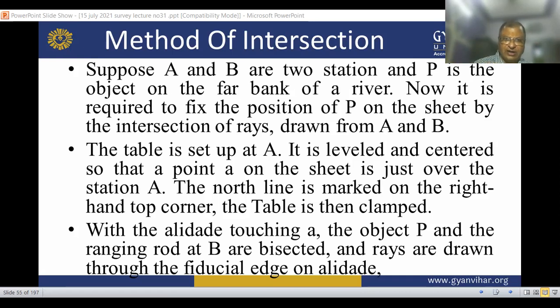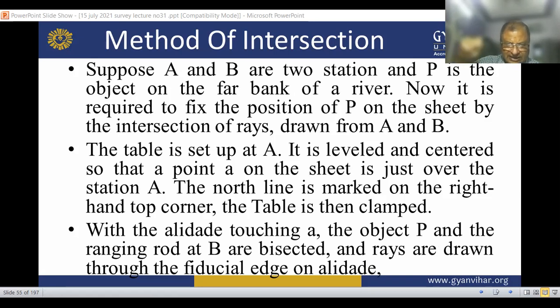It is required to fix the position of P on the sheet by the intersection of rays drawn from A and B. So the table is set up at A, leveled and centered so that the point a on the sheet is just over the station A, and the north line is marked on the right hand top corner and the table is then clamped.